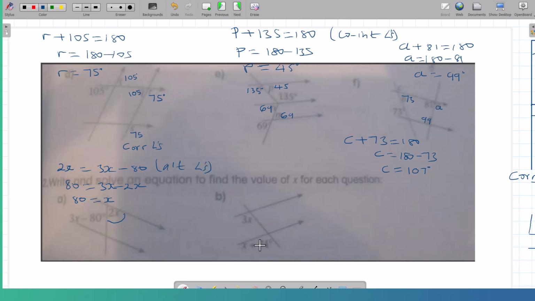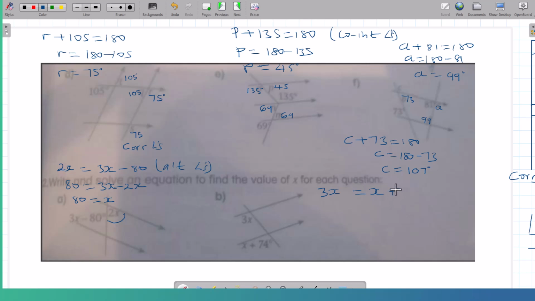What about part B, with the 3x and x plus 74? Who can give us a reason here? Maputi or Manta, what do you think? What are we going to say here for part B? We're almost done. We can say that 3x equals x plus 74.